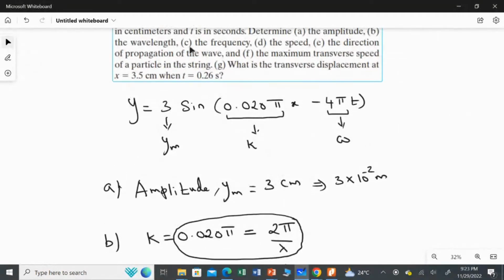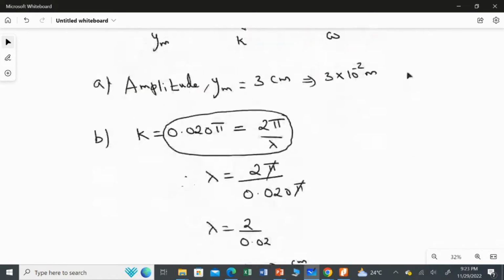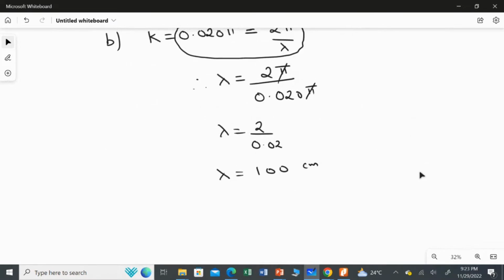What is the third question? In the third question, we are going to find the frequency. I am going to find the linear frequency by using the angular frequency of 4 pi. In the equation, the angular frequency is 4 pi, and omega is equal to 2 pi f, right? So I'm going to equate these two.